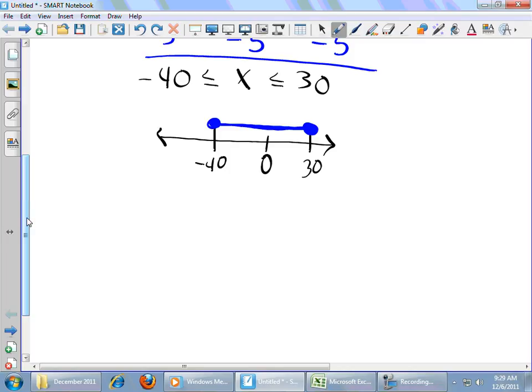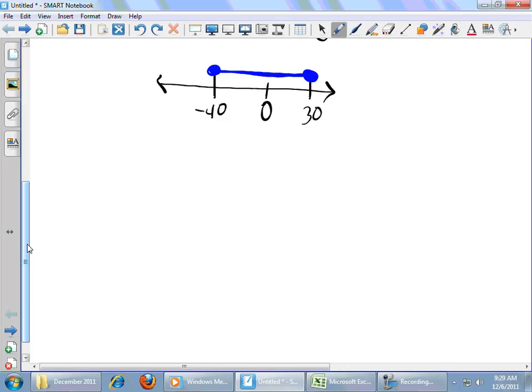Let's look at a couple more sample problems and see what we do with these. Okay, how about the absolute value of 4x plus 12 is greater than 8.